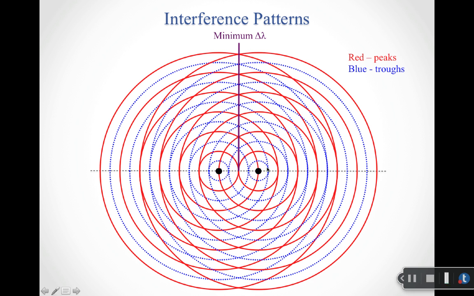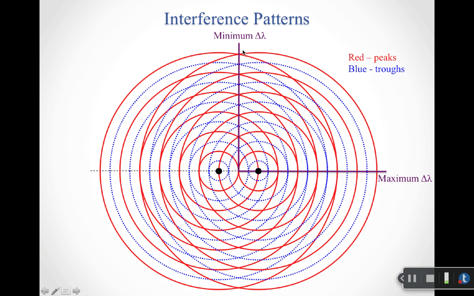If the center line is the minimum path difference, then the line connecting our two sources is the maximum path difference. Here we have two wavelengths of separation between our sources, which means 2 wavelengths is the maximum path difference you'll ever get.